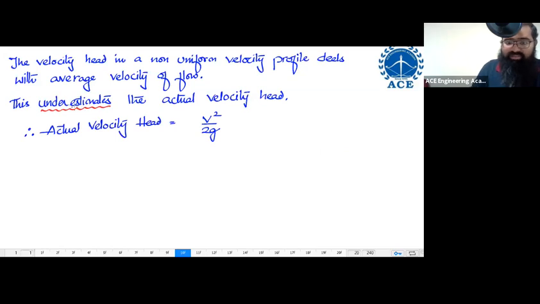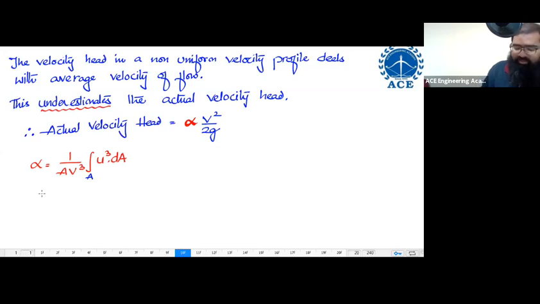Since you have underestimated, you are supposed to raise its value, so you multiply with something greater than 1. This is your kinetic energy correction factor. What is the formula for alpha? Alpha is equal to 1 by A V cube, integral of u cube times dA. The integral is done over the entire area.